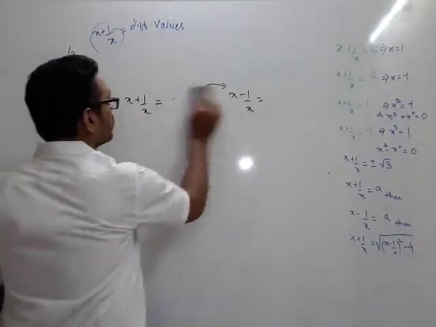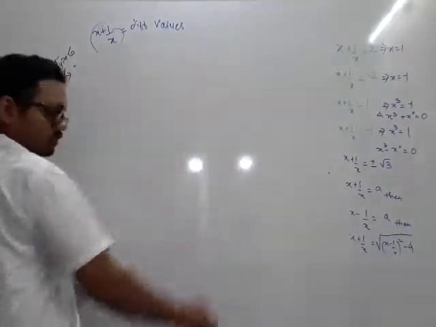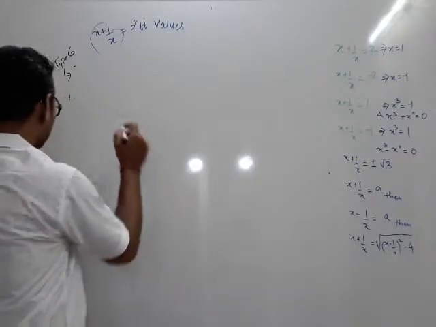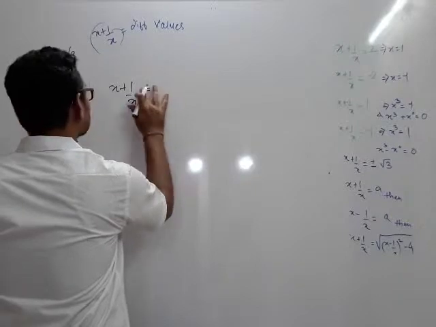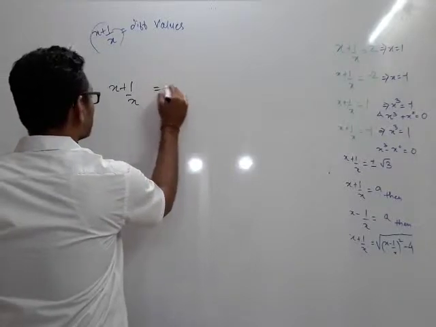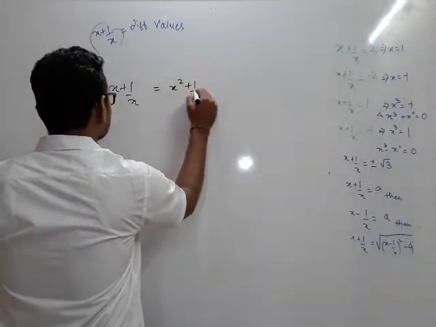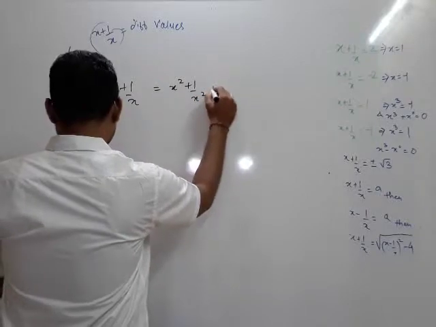Let me do it this way. X plus 1 by x, let's say the square of it, is nothing else but x square plus 1 by x square plus 2.